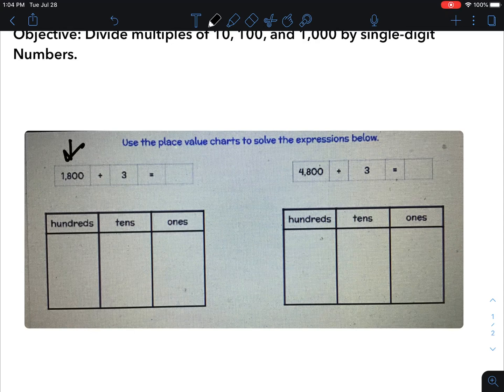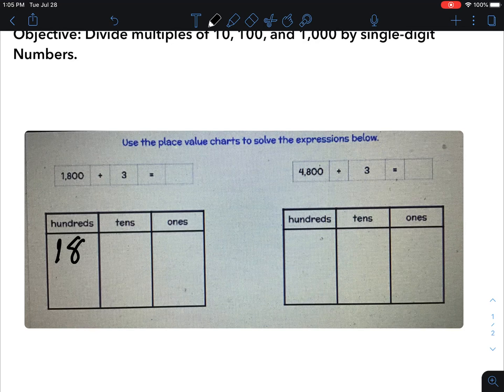Well, there's another way we can pronounce this number. We can pronounce that 1,800, or we can say 18 hundred. Because hundreds have 2 zeros after, right? So I can pronounce that as 18 hundred.